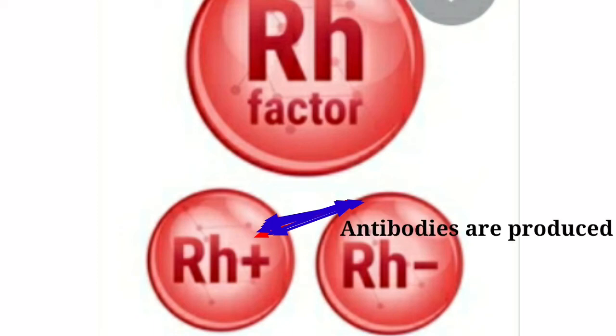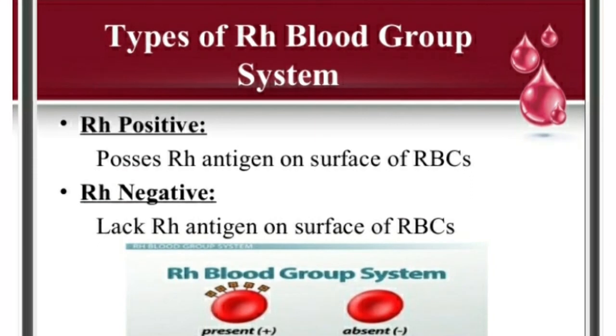On the other hand, there is no risk of complications if an Rh positive person receives Rh negative blood. So, the person who possesses Rh antigen on the surface of RBCs is said to be Rh positive, and the person who lacks Rh antigen on the surface of RBCs is considered Rh negative.